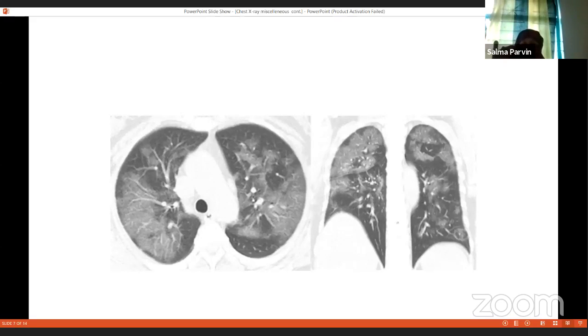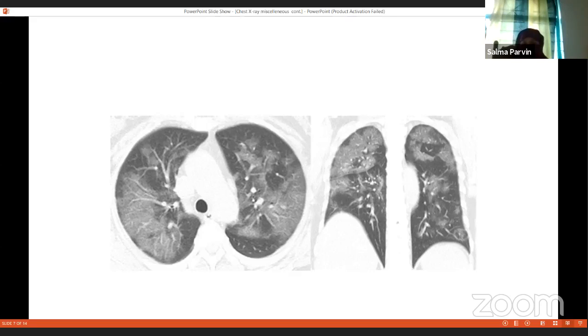What about CT? The CT coronal section is depicting practically an X-ray. This coronal image of the CT is presenting differential densities.